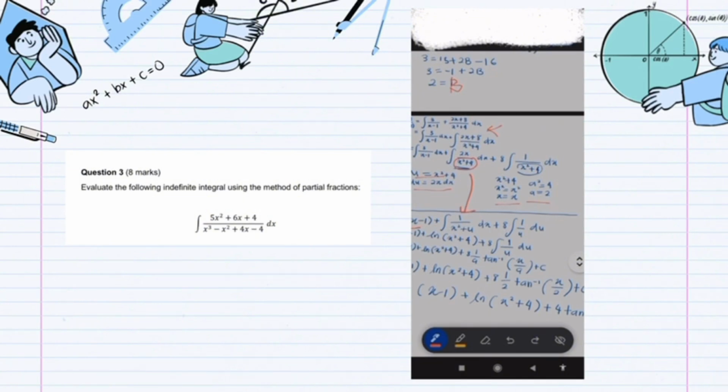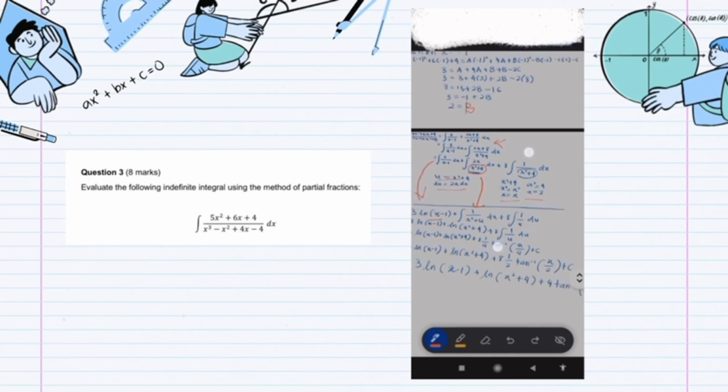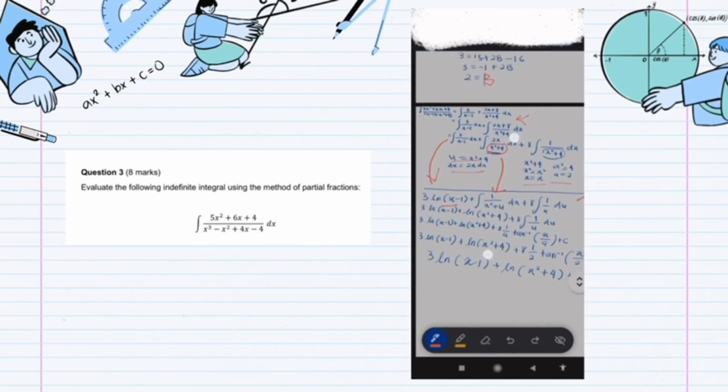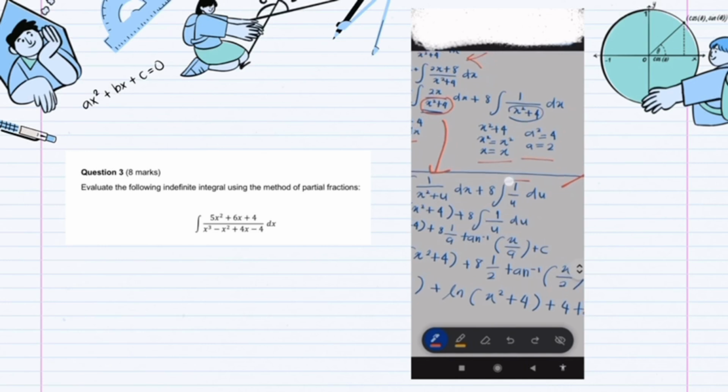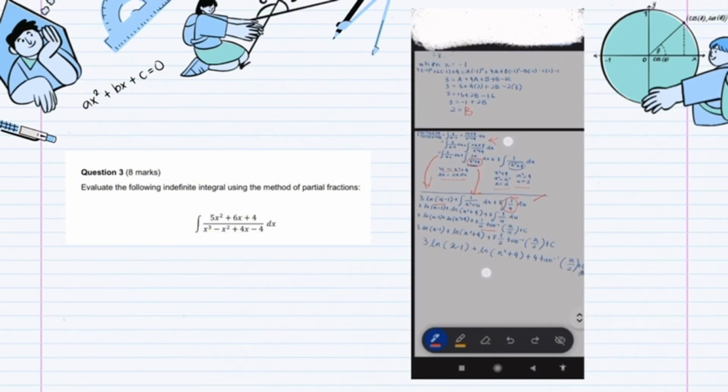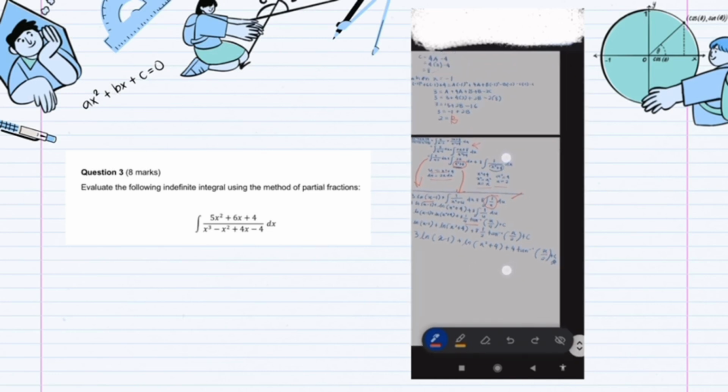You need to replace the value as u because it's substitution. And then this one also, and then this one you need to see the appendix, so you get reverse tan, and then substitute value a. After substituting value a, you get the final answer.